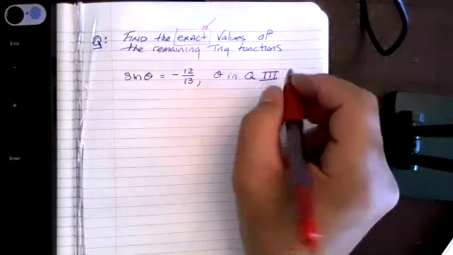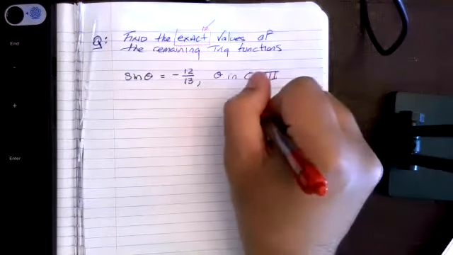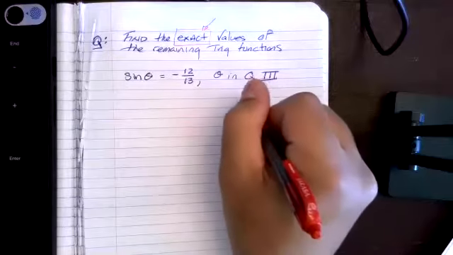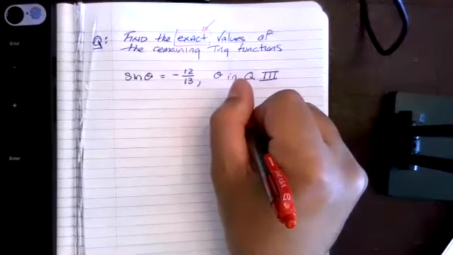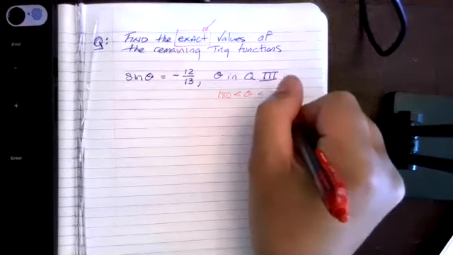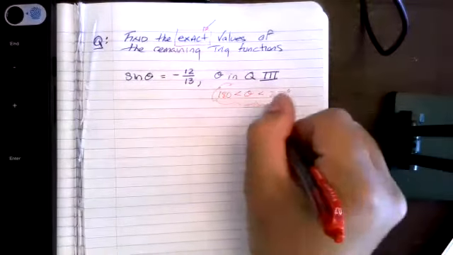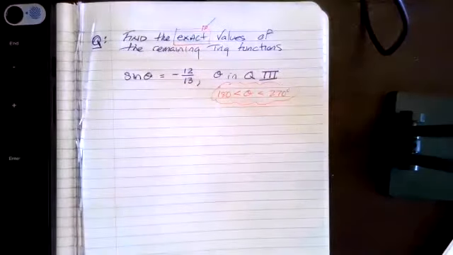But instead of quadrant 3, they could say theta is greater than 180 but less than 270. That's another way of saying quadrant 3.